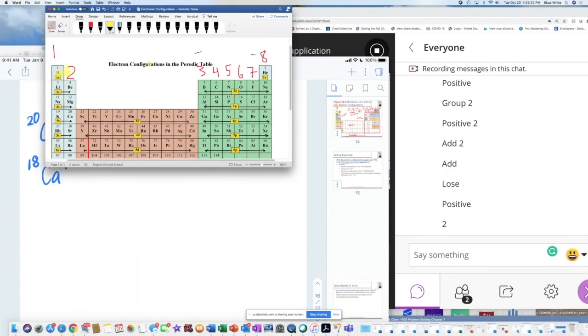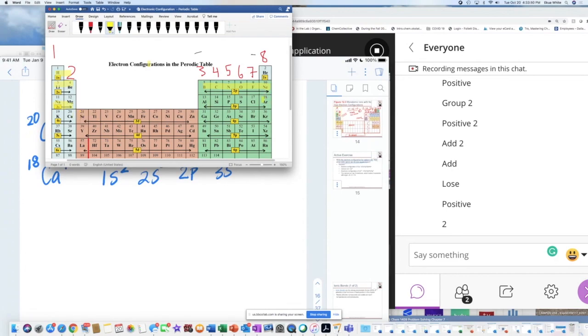Electron 1 and 2 is going to be 1s2. Electron 3 and 4, 2s, and we place 2 electrons. Electron 5 all the way to electron 10 will be in the 2p level, and we place 6 there. Electron 11 and 12 will be placed in 3s.